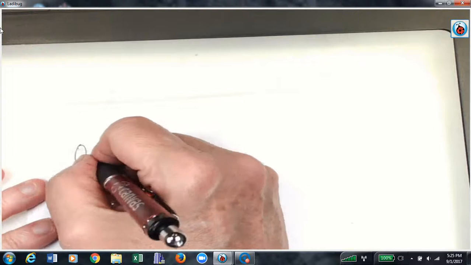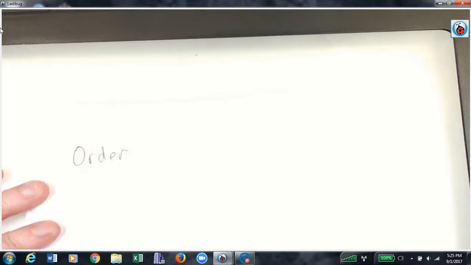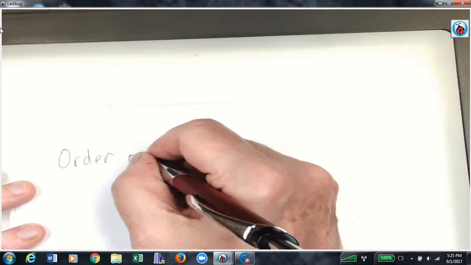So if we're grouping symbols, well, let me zoom out. Order of operations.